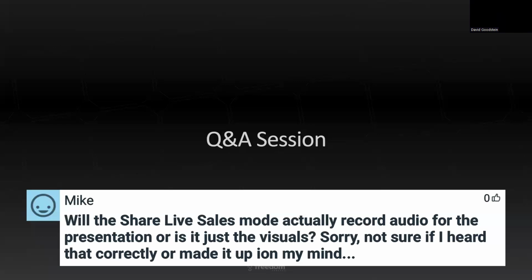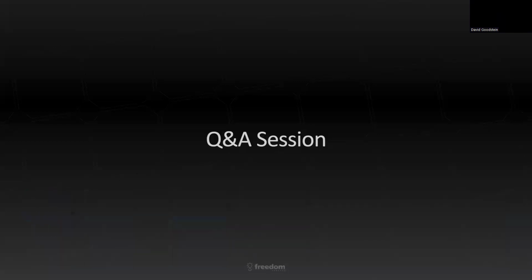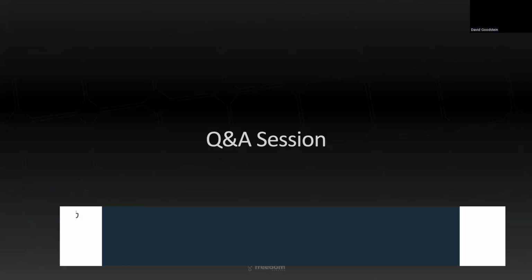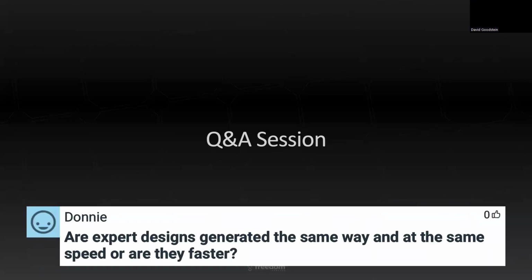Thanks, Brian. Our next question is from Donnie, and that is for Jeremy. Are expert designs generated the same way, and at the same time, are the speeds faster? Yeah, sure. Thanks, Donnie. Our expert design service functions the same way as it did previously.